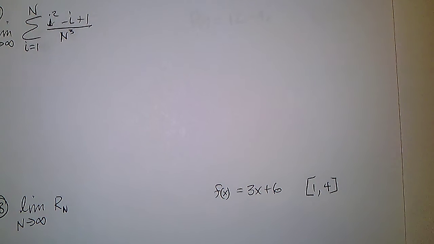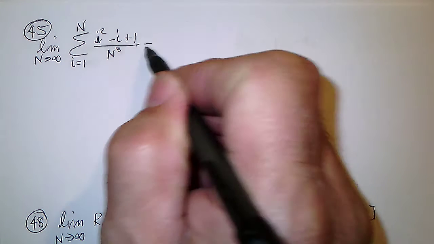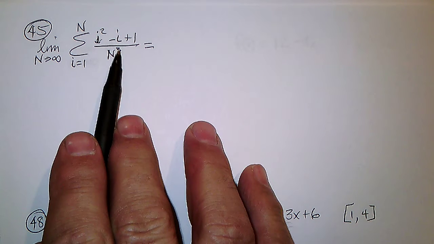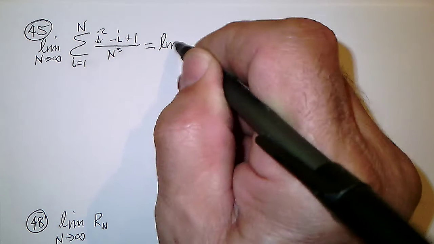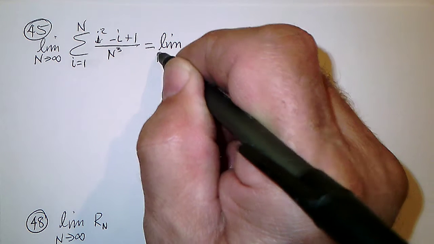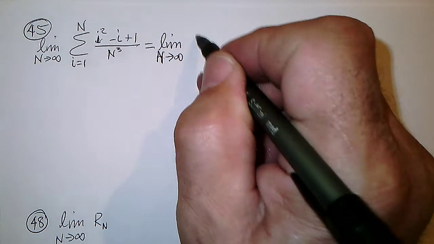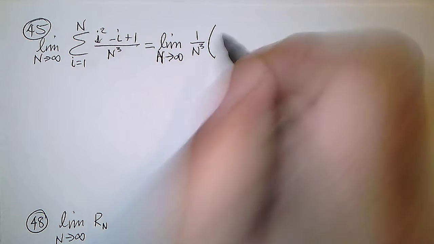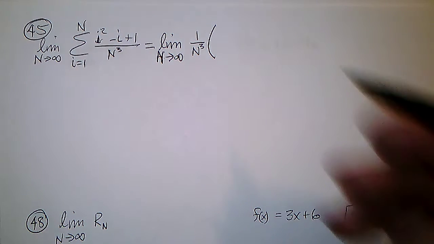Now we're going to do pretty much the same thing, except we have to take the limit in the end. So I'm going to split this up. And I got an n cubed in the denominator, so I can take it out. So I'm going to have the limit as n approaches infinity of 1 over n cubed. Then I'm going to split the sum into 3 separate sums.